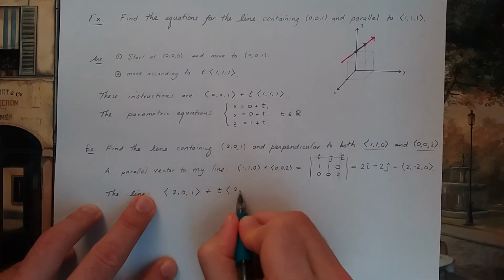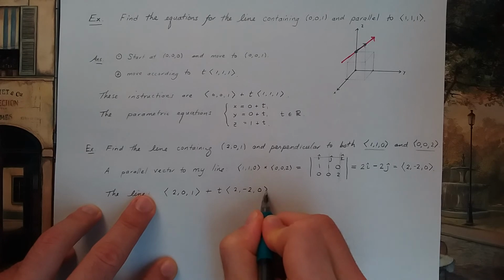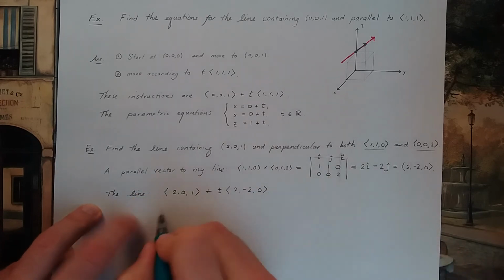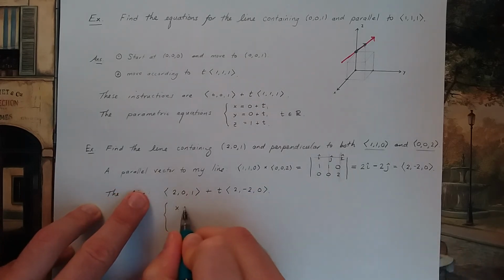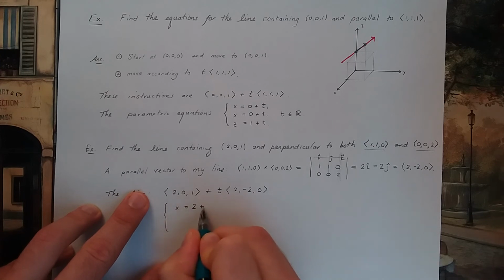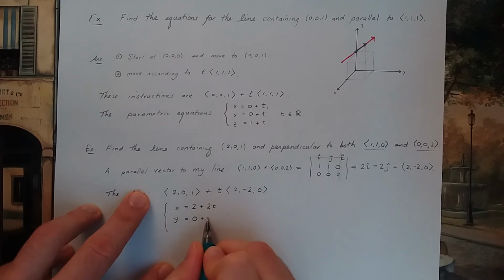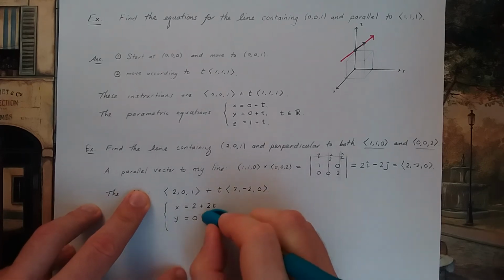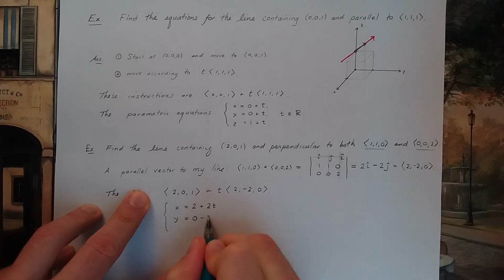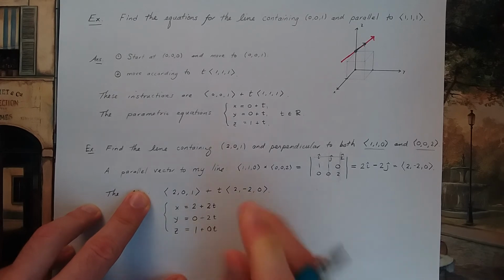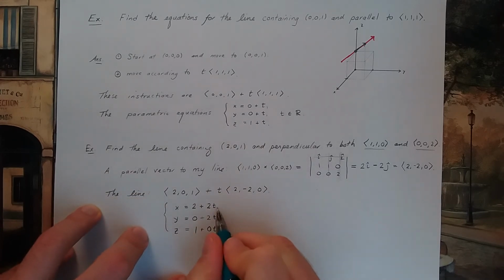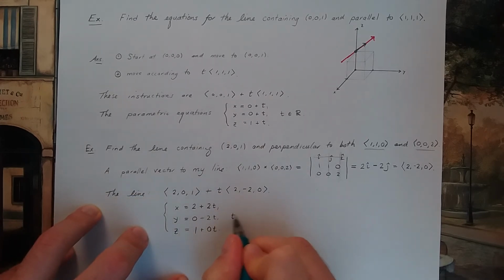So 2, negative 2, 0. The parametric equations: x is 2 plus 2t, y is 0 plus, I guess, negative 2t. And lastly, z is 1 plus 0t. Again, t, any real number.